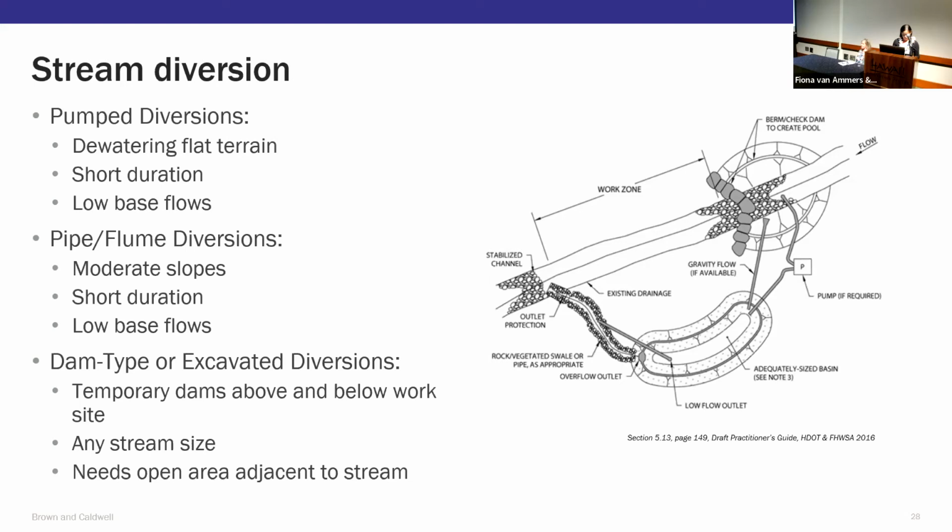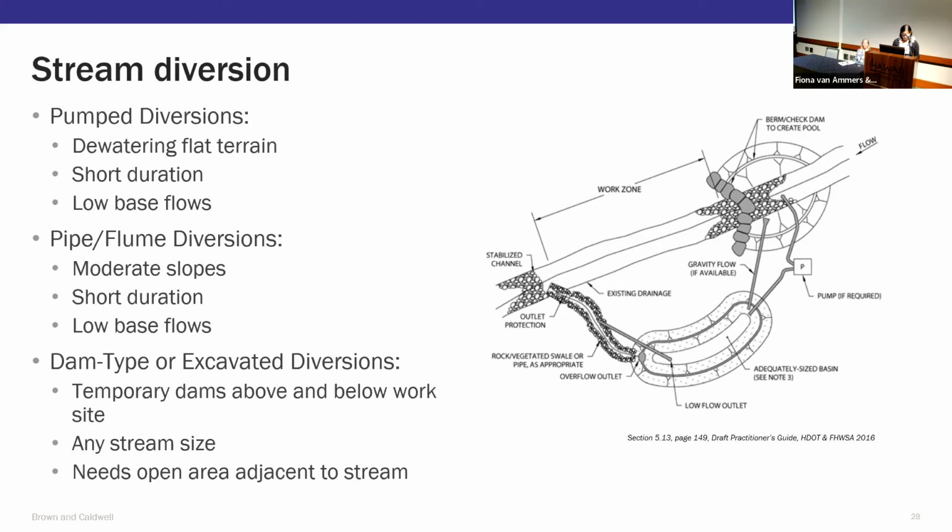When constructing a diversion channel, it is recommended to start from downstream and work your way upstream. It is also recommended to pass the water from upstream through a sediment capture device or a settling device before discharging it downstream to get rid of some of those pollutants and sediments. In addition, velocity dissipation devices are good at the entry and exit points of the diversion to slow down the water and prevent excess erosion.